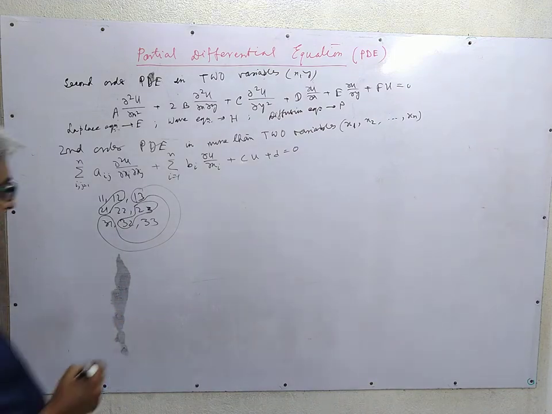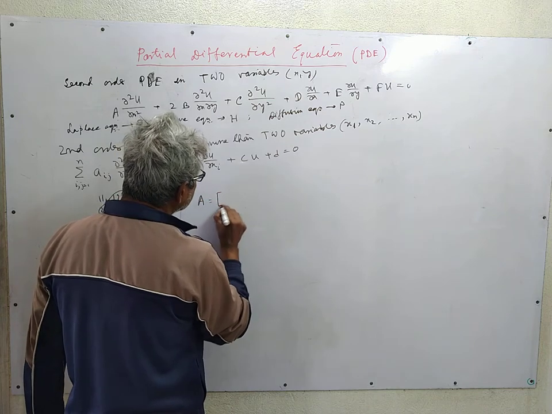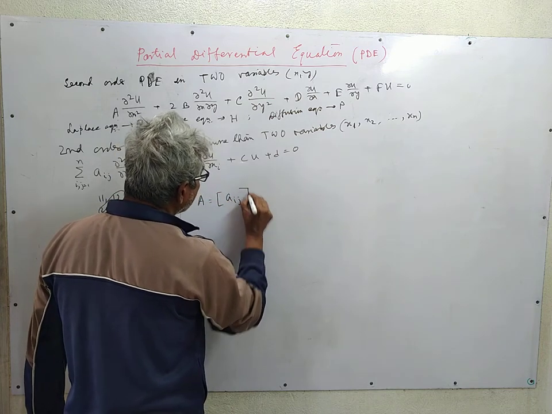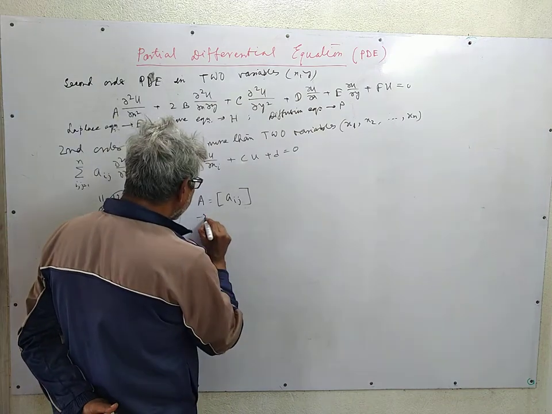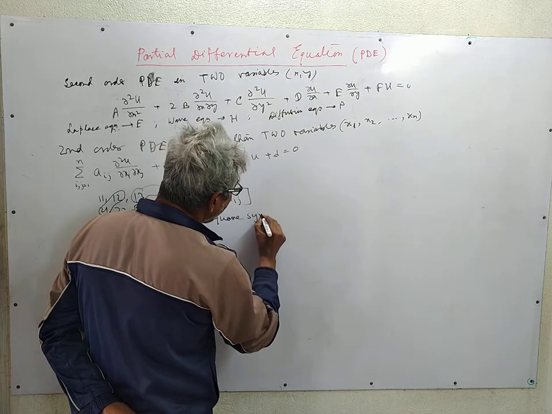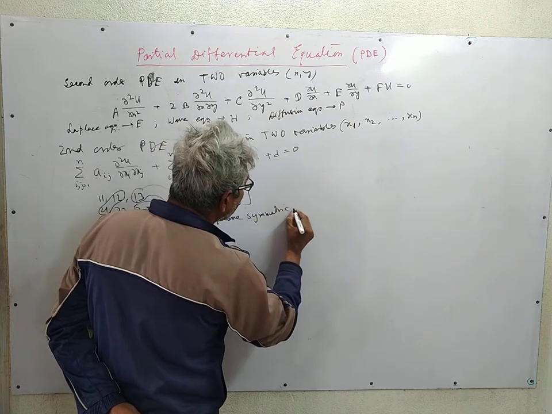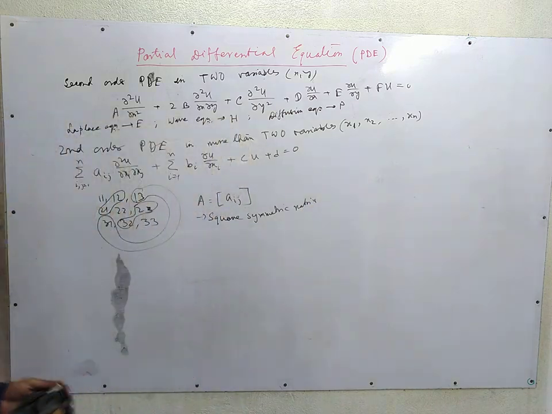So to say, if we define a square matrix A as the matrix comprising the elements a_ij, it is a real square symmetric matrix. So we can find out its eigenvalues and eigenvectors.